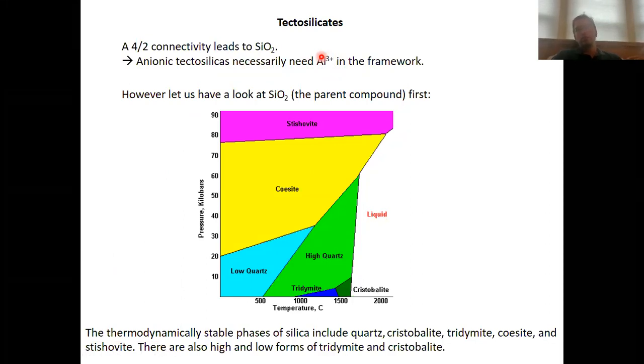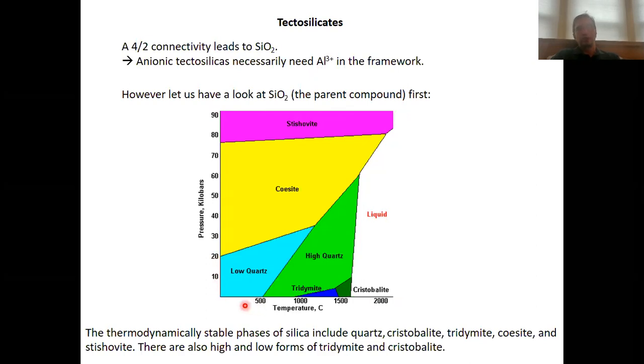But we have learned that these layered structures are not being realized because the three-dimensional structures are thermodynamically more stable. Okay, so let us look at these structures in more detail. So you see here the phase diagram of SiO2.